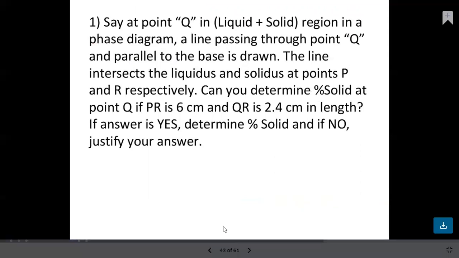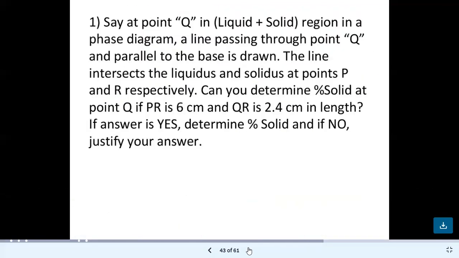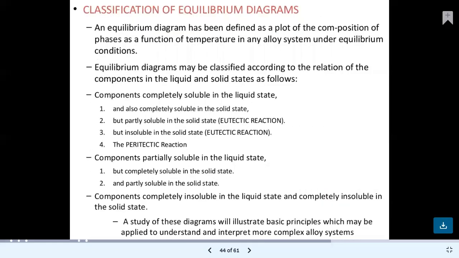The line intersects the liquidus and solidus at points P and R respectively. Can you determine the percentage of solid at point Q if PR is 6 centimeter and QR is 2.4 centimeter in length? If the answer is yes, determine the percentage solid, and if no, justify your answer. Okay, this is actually one of the sample questions which may be asked in your exam.